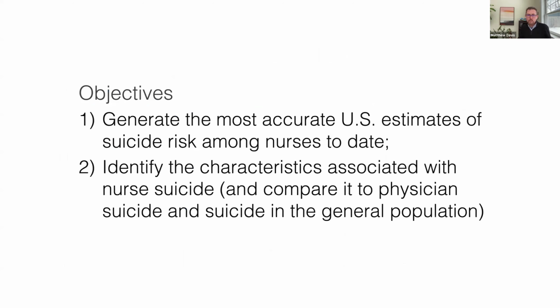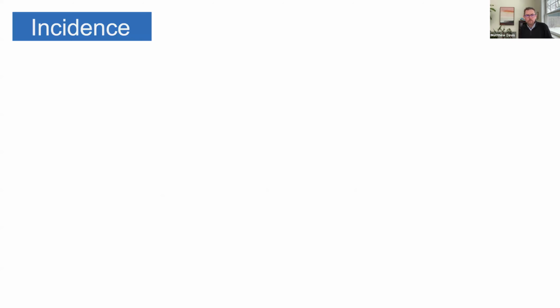So simply, the goal of this study was to create the most accurate estimates of suicide risk among nurses ever done, just to understand the magnitude of this problem that we had a lot of anecdotal information around. And secondly, to understand the characteristics of suicides among nurses compared to other groups, because it might inform what you do about it to reduce the risk.